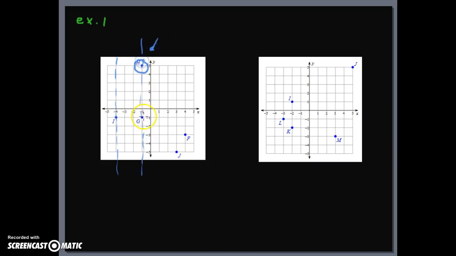It's got one right here, and it's got one right here. So when x is -1, there's two different y values. So this one, if this was a line, would not pass. Same thing over here, right? If we drew one on L, it would pass. However, I and K would not pass because there's two points for when x is -2. So that's what we already did.